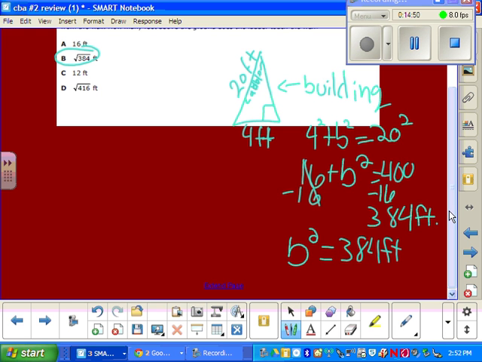Excuse me guys, b squared is equal to 384, which is the answer. So it didn't have you actually do the square root. It left it at b squared is equal to that.